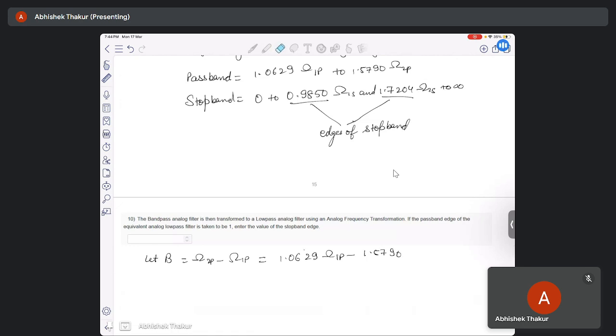Sorry, we have to subtract from the higher to lower value. So we will get 0.5161.